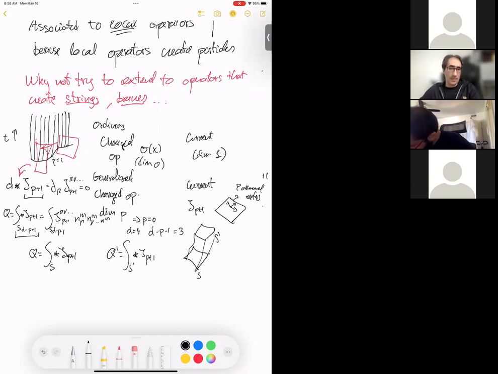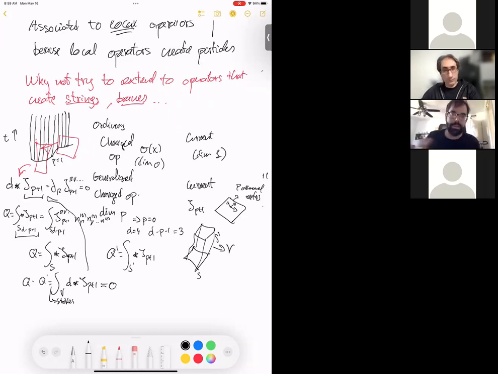Then you can fill in the volume, and you can say that Q minus Q prime is equal to the integral on this volume V of the derivative of J_{p+1} by Stokes' theorem. So this is Stokes. And this thing is 0 because of the Ward identity. And so it doesn't really matter where you insert the symmetry operator. So that's the connection between these two perspectives.